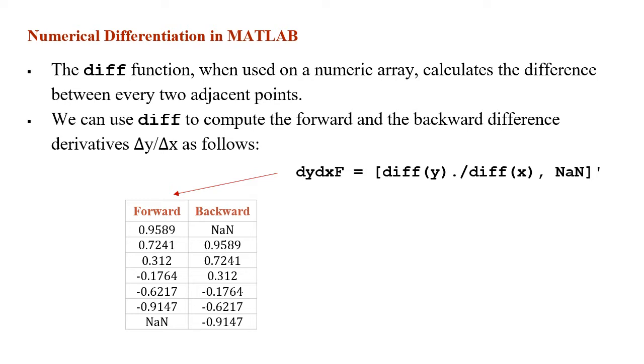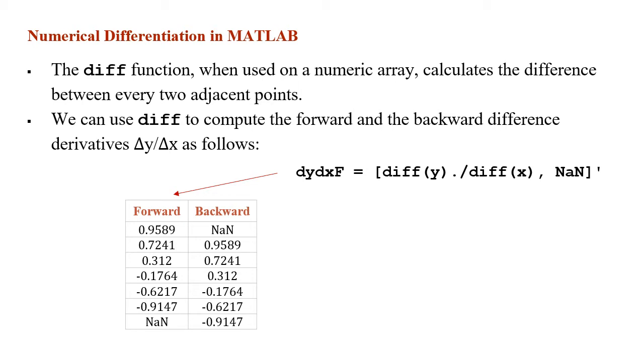And notice that what I'm storing in dydxf is an array whose first set of elements is the difference in y divided by the difference in x. So it's delta y divided by delta x, but it's important that I put the dot since it's an array operation. And then comma, because I want to add one extra entry at the end of that array. And that entry is the NaN built-in variable.